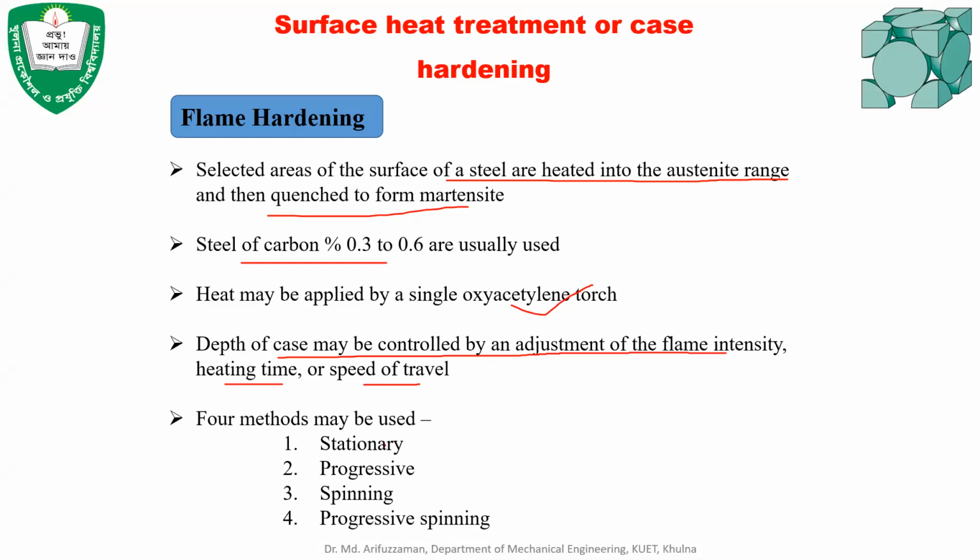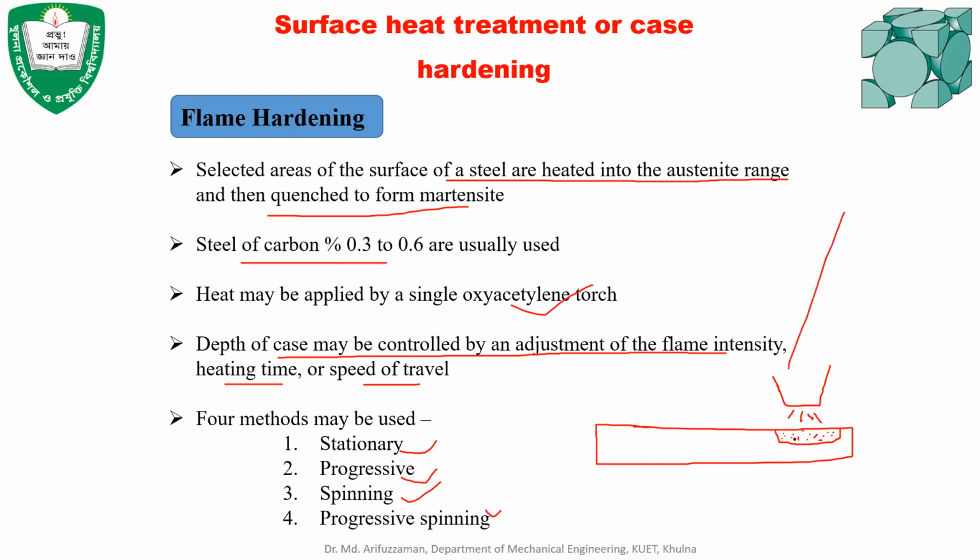And four methods may be used: stationary, progressive, spinning, and progressive spinning. Stationary means you keep the torch stationary in one place, and the surface gets heated until a certain depth becomes hot enough to form austenite. All the microstructure will be austenite, and you remove the torch and suddenly quench it. Then the surface will be hardened.